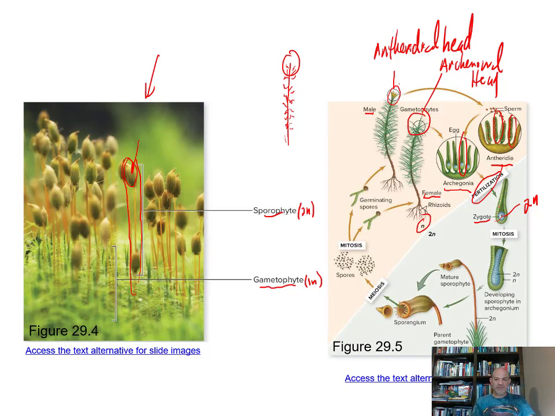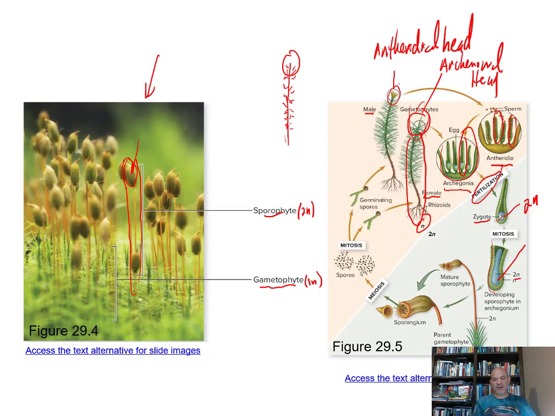Now that cell within an archegonium, which is in the archegonial head, which is still attached to the rest of the female gametophyte, is going to begin to develop. It's going to go through cell division, forming an early embryo. All of the cells that are in blue, they color it blue so we can distinguish, are diploid.